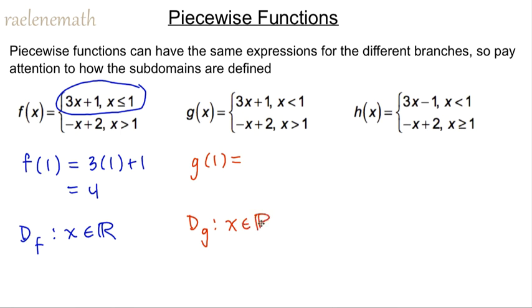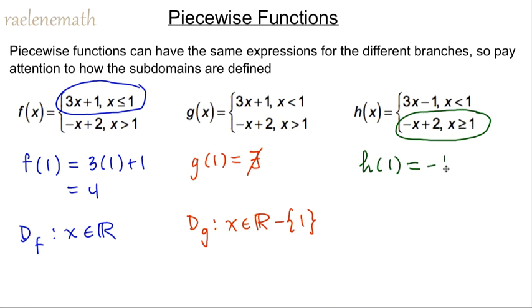So always pay attention to the domain when we're trying to find functions, continuity, etc. So here we would have that the y value does not exist or is not defined to be any single finite y coordinate. And lastly, in the h of x graph, if we want to work out h of 1, we use the right-hand branch, because that's the part where the x is defined equal to 1, and we get negative 1 plus 2, which is equal to 1.